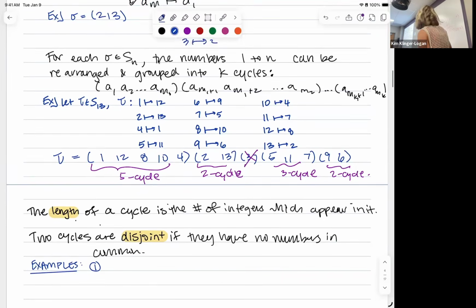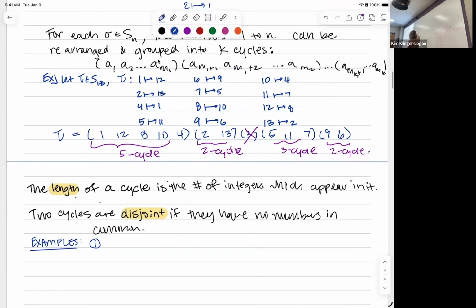For example, the thing that we have written here, tau, that's definitely a product of disjoint cycles, meaning 5 is never repeated, 2 is never repeated, 13 is never repeated, none of those are repeated. Same thing with this example here: a disjoint 3 cycle and a disjoint 2 cycle.